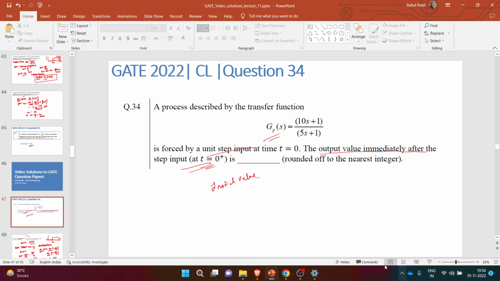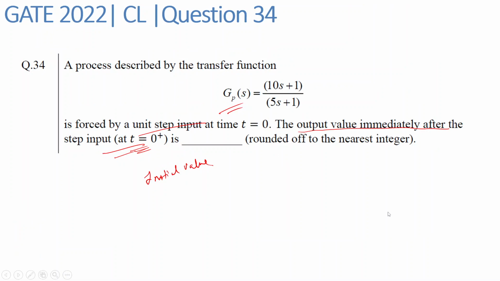I hope the solution to this question is also clear. In the earlier question, we were finding the final value, and in the next question we are finding the initial value.